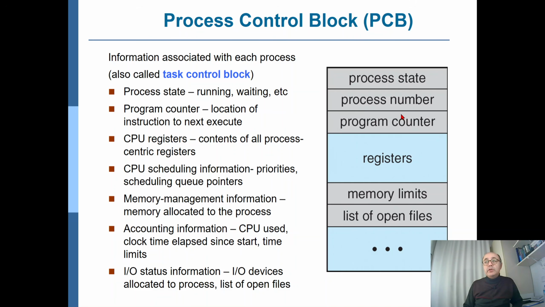The value of the program counter. Remember, there's the program counter register in the CPU, but when this process is taken out of the CPU and placed, say, in the ready queue, you should remember the value of the program counter, because you should continue from that next instruction. Remember, the program counter has the address of the next instruction.